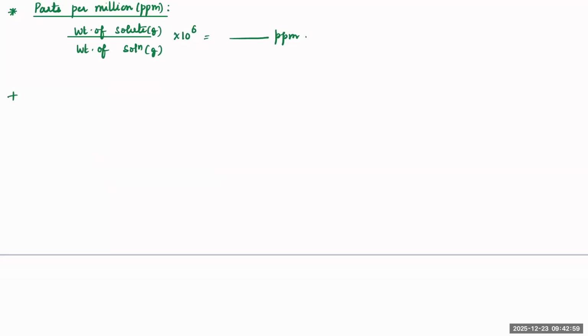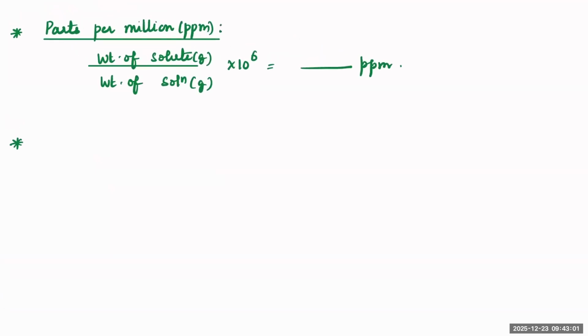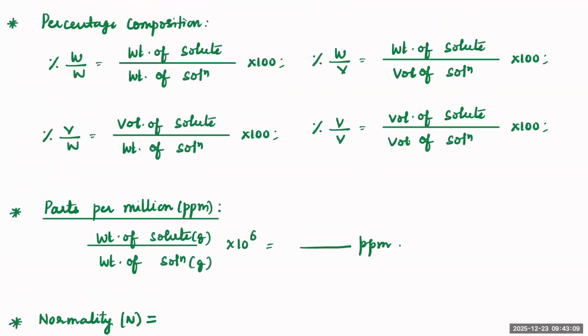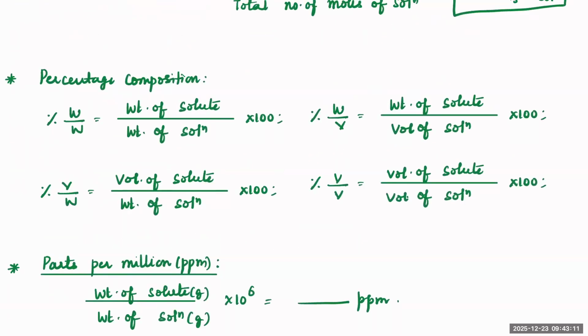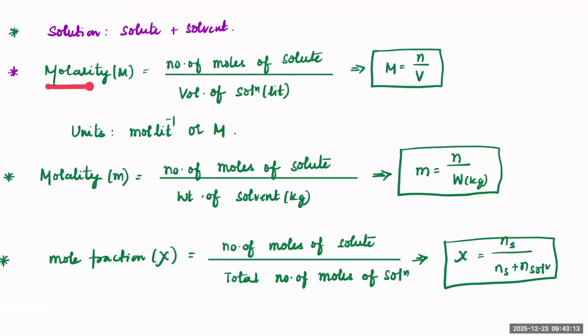Lastly, the last one which we left is normality, N. Okay, now if you notice the difference here, we used the terminology molarity, molality, mole fraction. All of them have one thing in common, which is the number of moles of solute.